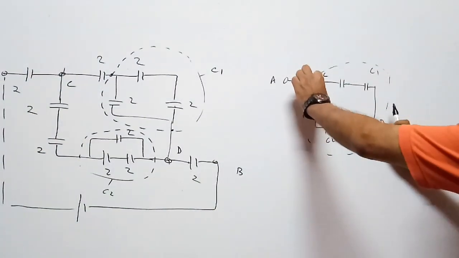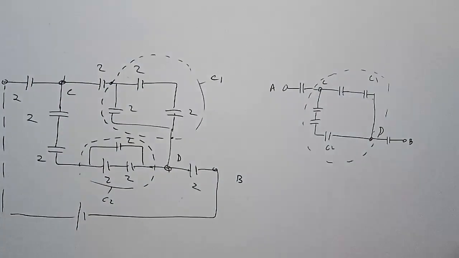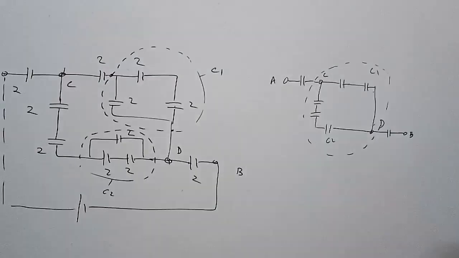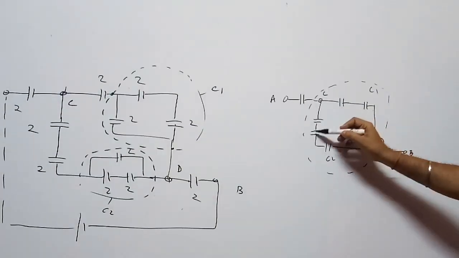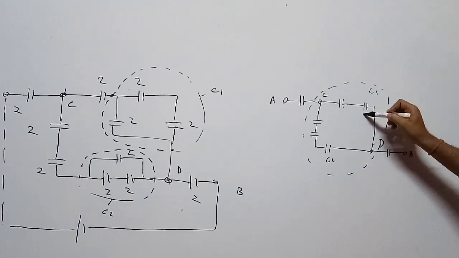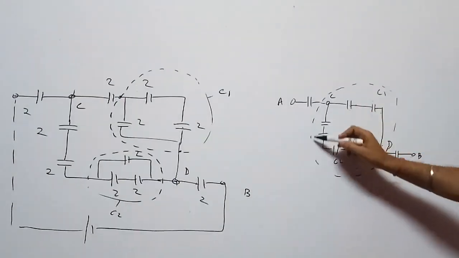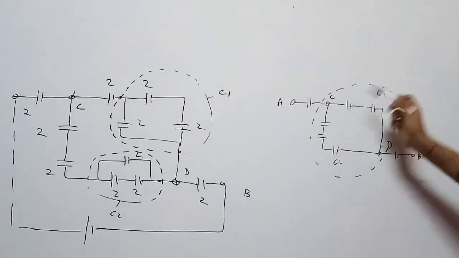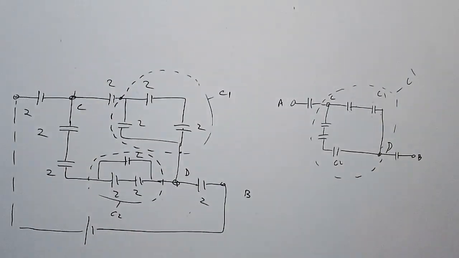If we hold these two ends and stretch, these two are in series, these three are in series. The net capacity of these two capacitors and net capacity of these three capacitors are in parallel. So we get one capacity value, let it be C dash.